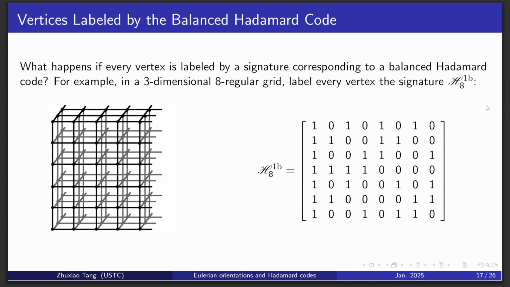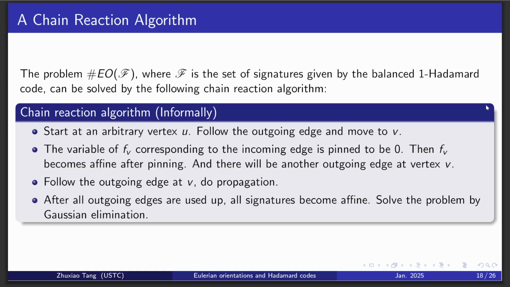And this problem turns out to be also tractable. More generally, if we let F be the signatures given by the balanced Hadamard code, then the EO problem parameterized by F can be solved by the following chain reaction algorithm.